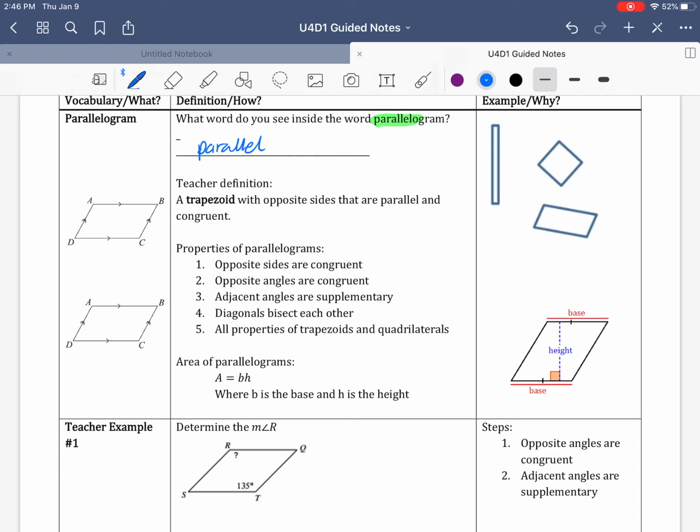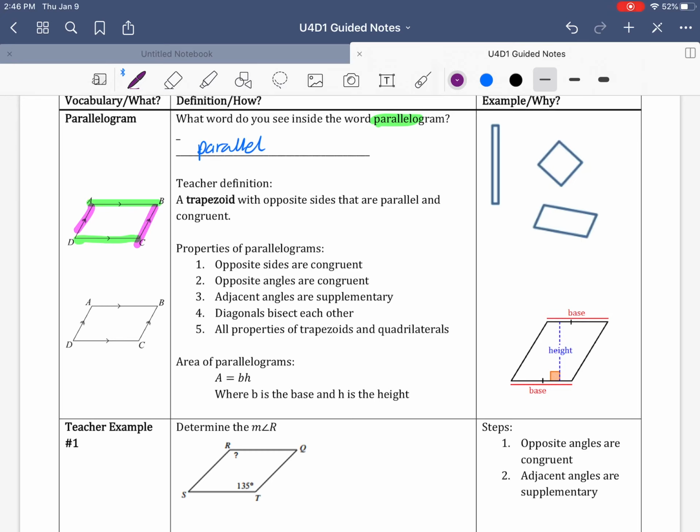So if we look at our opposite sides, let me indicate those are opposite sides. And these are opposite sides. And what you can see is that our green sides are parallel to each other, and then our purple sides are also parallel to each other.